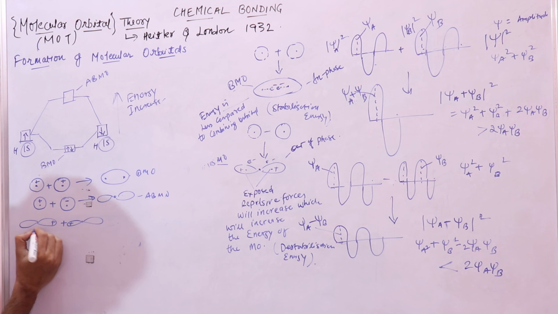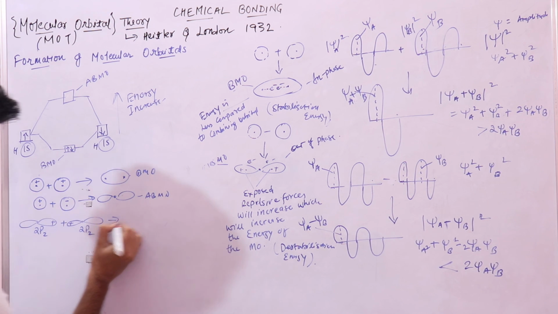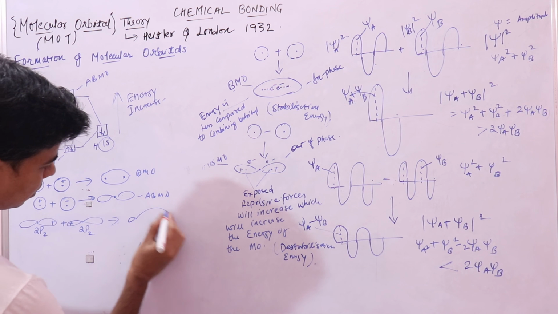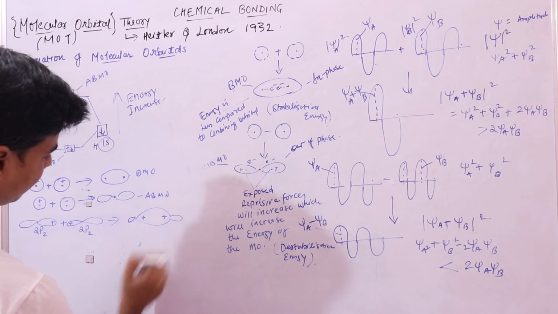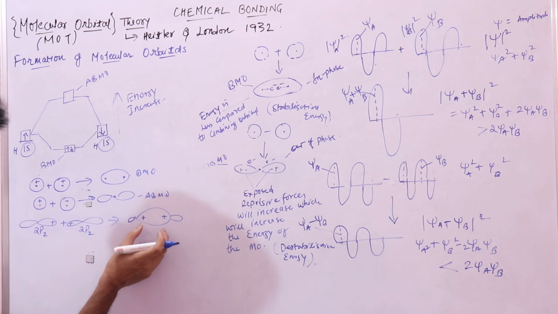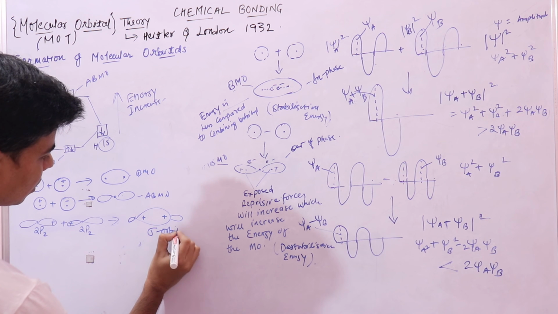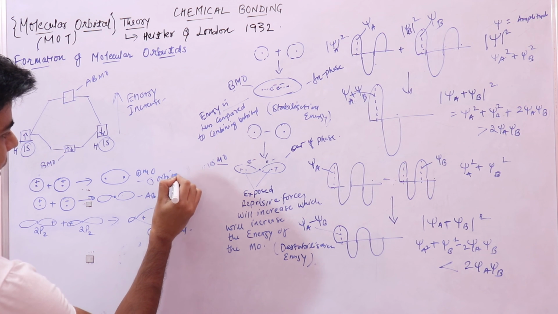When these two orbitals overlap, 2pz with 2pz, it will form a bigger orbital of this type. When plus of this lobe overlaps with plus of this lobe, it will form this sigma orbital. This was also a sigma orbital.